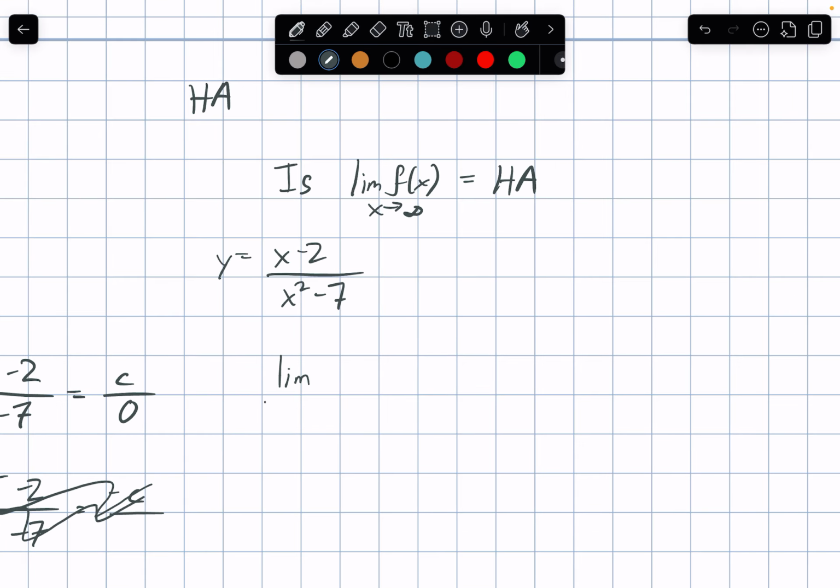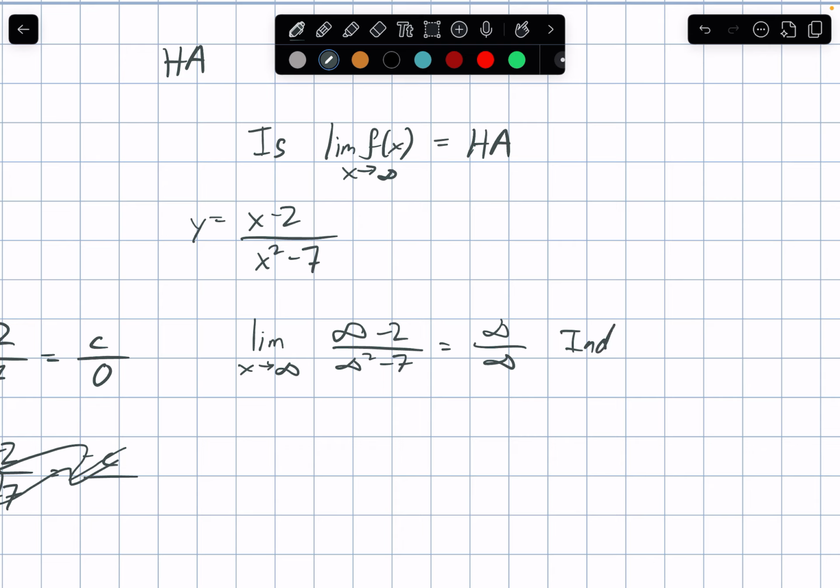The limit as x approaches infinity, we directly substitute: infinity minus 2 over infinity squared minus 7, infinity over infinity. We have an indeterminate form. So because we have an indeterminate form, we can say that the function has a horizontal asymptote.